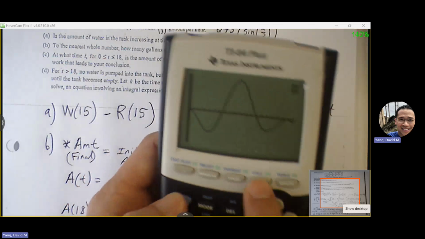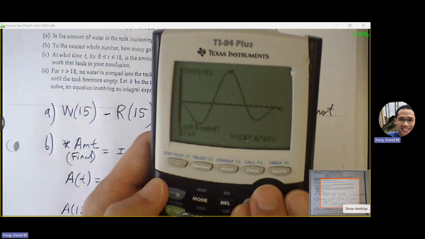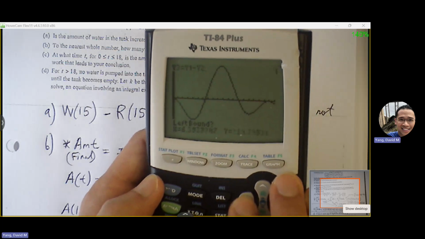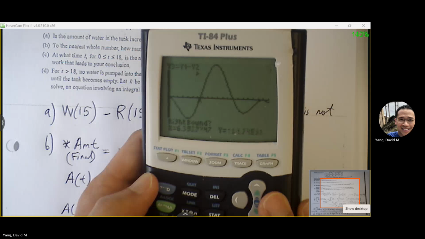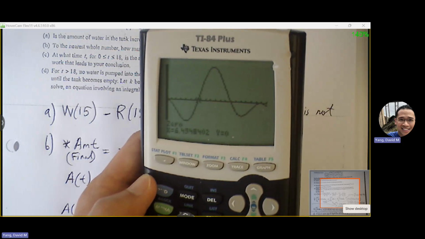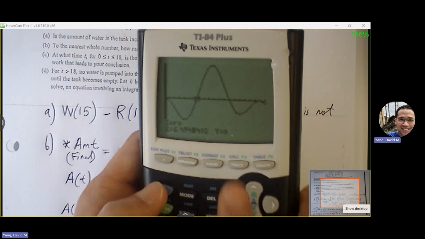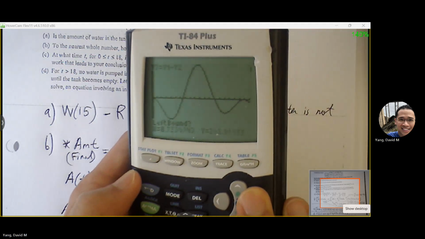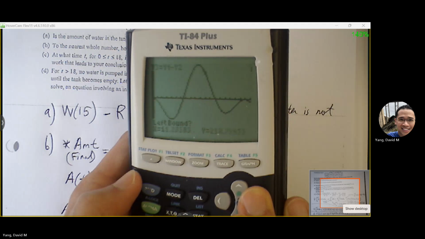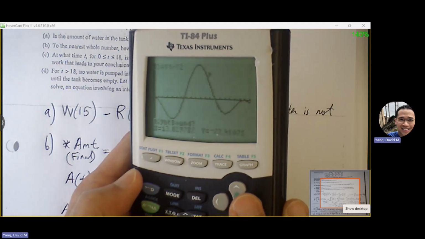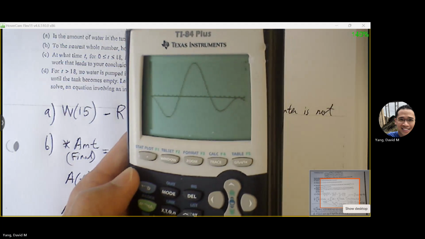So if I do second trace 0 on my first x-intercept, I'll pick points on both sides. I get 6.495. That's one of them. Second trace 0. Hit enter. Hit enter again. And I get 12.975.